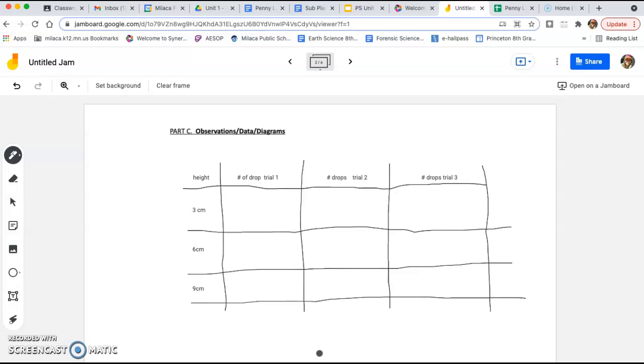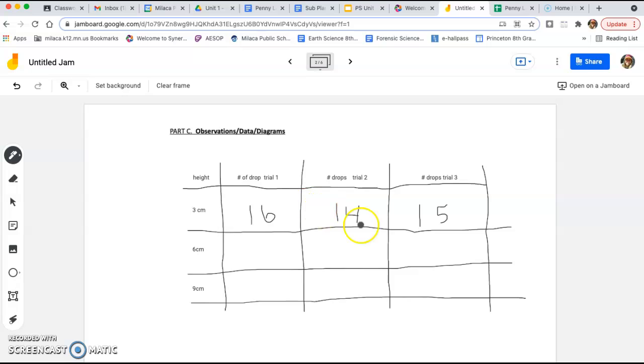I did not run this. I'm just using these for example so that we can take an average, okay? So let's say at 3 centimeters, I got 16 drops, I got 14 drops, and then I got 15 drops, okay, for my first, second, and third trials.